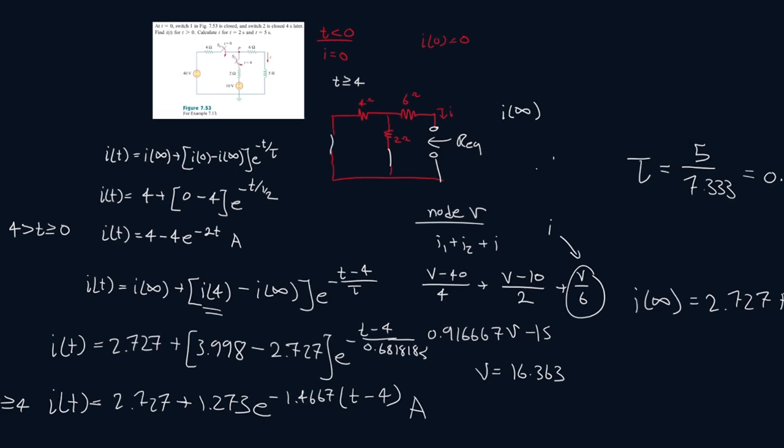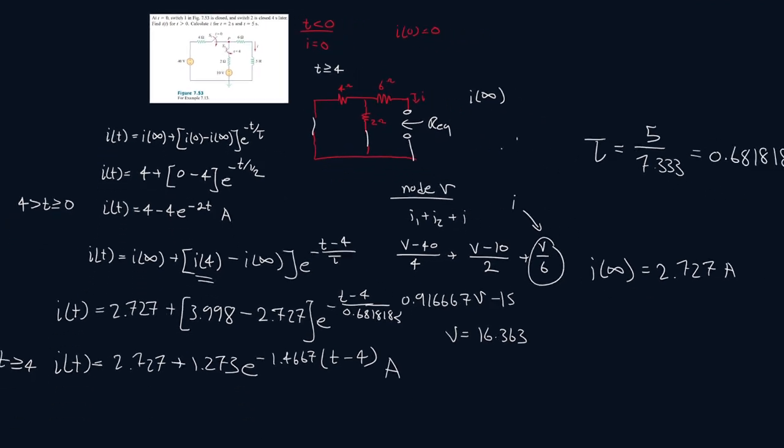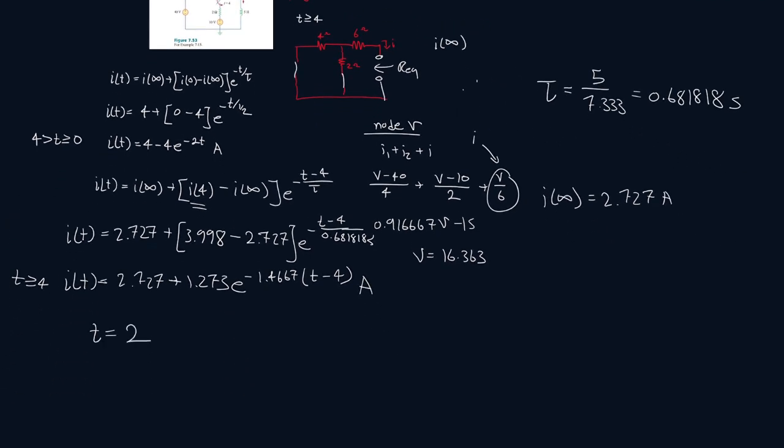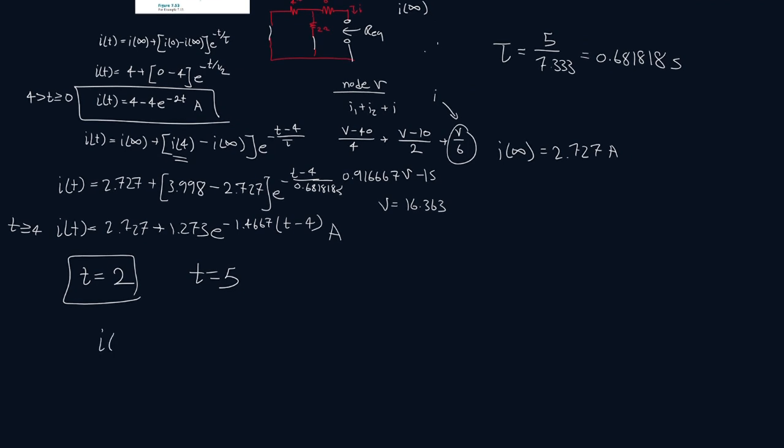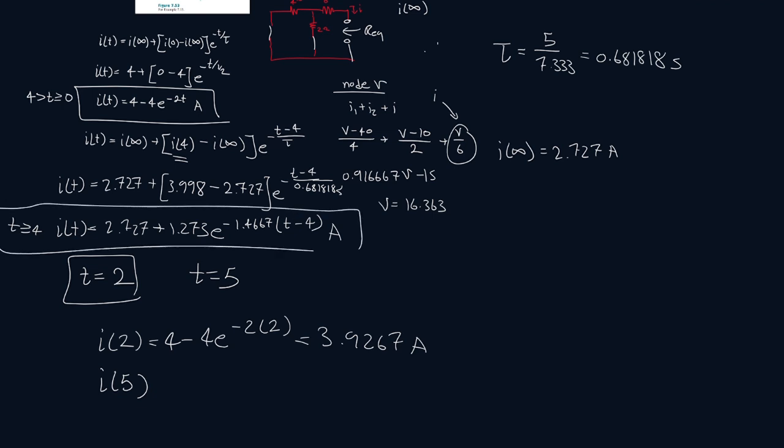Now the second part asks to find the current for when t is 2 and then when t is 5. So when t is 2, we can use this formula. I of 2 equals 4 minus 4 e to the power of minus 2 times 2. And let me see what that gives me. That gives me 3.9267 amps. And then when t is 5, we have to use this formula.